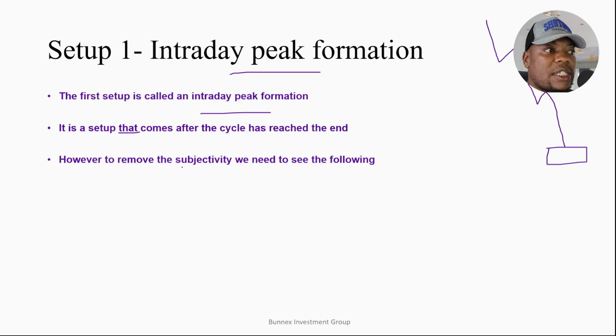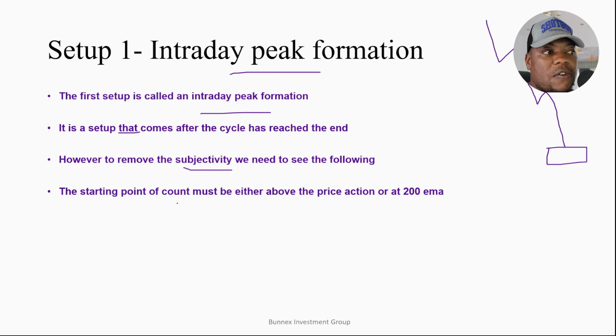However, to remove the subjectivity, we need to see the following. What is subjectivity? It is a way whereby different traders would start to see different things, and we do not want that. We want something concrete, something that we can see together so that we can have a concrete trading plan.